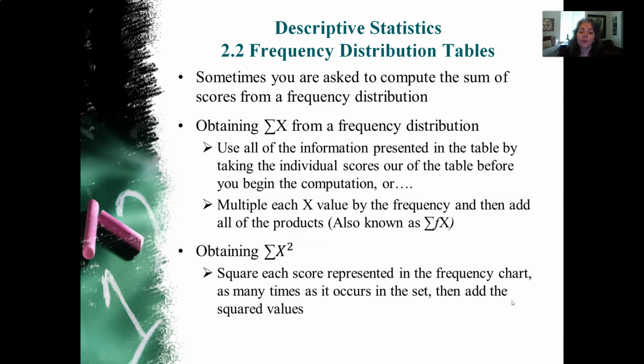Okay, so when we're talking about how these are used for computation purposes, sometimes we'll actually have you do something, and this is primarily in this module, where you're going to have to do calculations, like sum of x, or sum of x plus 1, or sum of x plus 2.